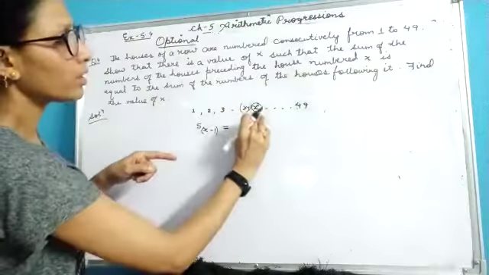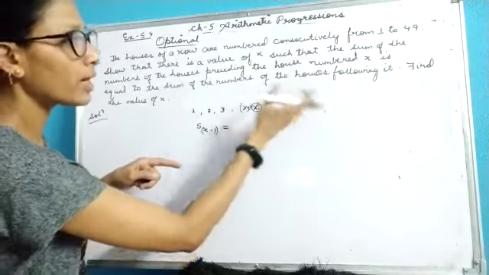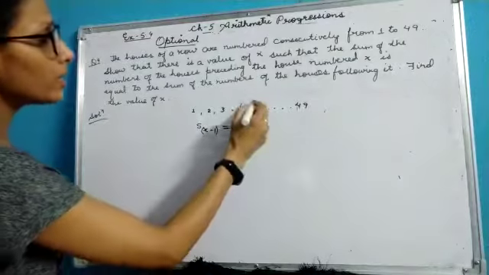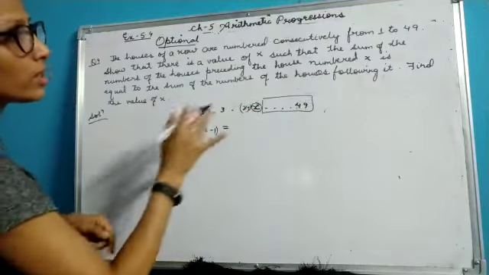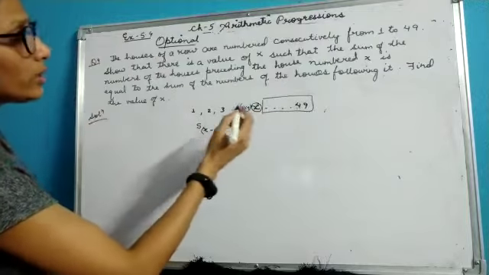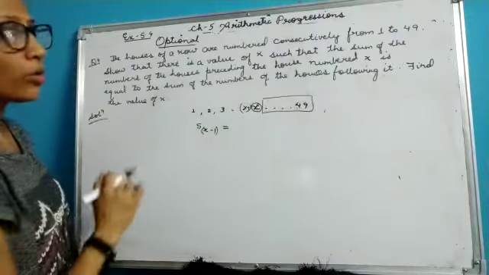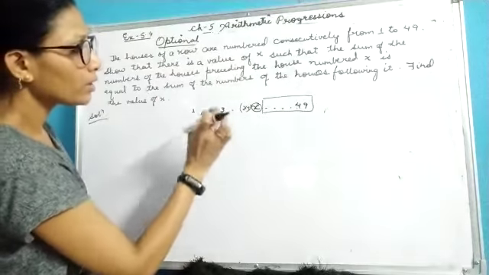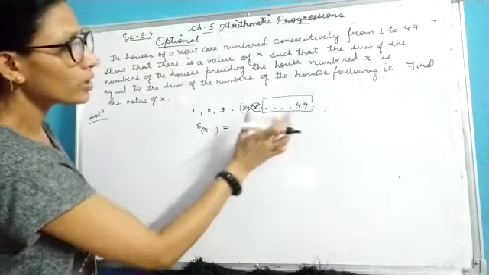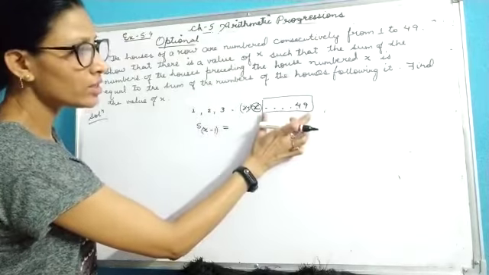That means the houses present after x. So I need to calculate the sum of all these houses also. Now we need to calculate the value of x. So the sum of the preceding terms will be equal to the sum of these terms.